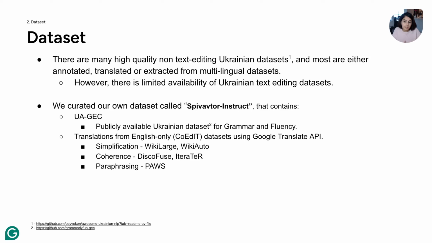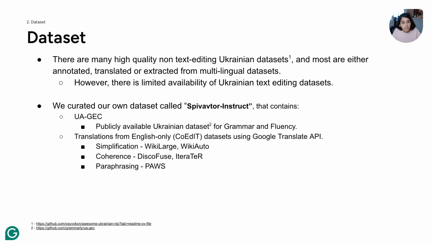Now, this data set consists of 2 types of data. One is the actual Ukrainian data, which we use for the grammatical error correction task. There is a publicly available GitHub repo where the UAGEC dataset is shared, which is exactly what we use for our grammar and fluency task.